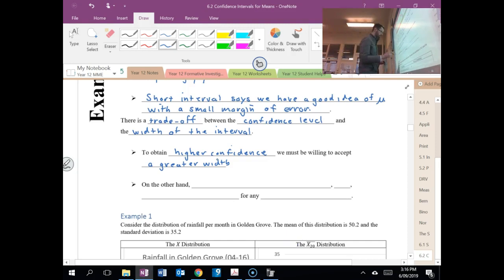And vice versa. There's only one other way to narrow the width without changing confidence, and that's by increasing the sample size n, because that's going to narrow the width for any fixed confidence.